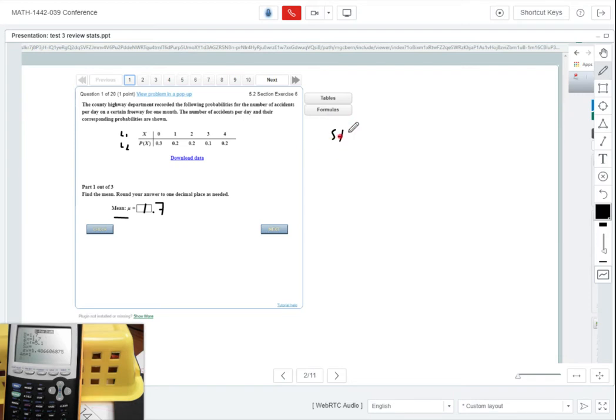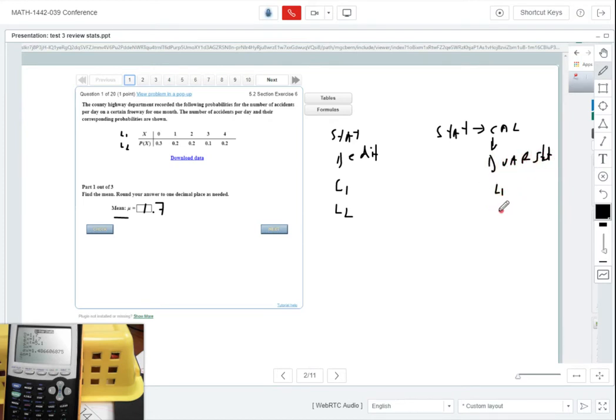We went to stat number 1, edit, and we added everything into list 1 and list 2. Once we had everything in list 1 and list 2, we went to stat, arrow over to calculate, then went down to number 1, var stats.